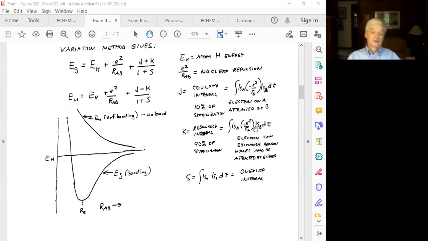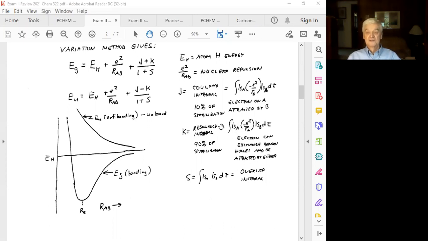And the thing to note is that it's represented by having probability on both nuclei at the same time. So we take 1sa and 1sb as part of the situation. So the electron is spending time on both nuclei, and it's being attracted by one of the nuclei.